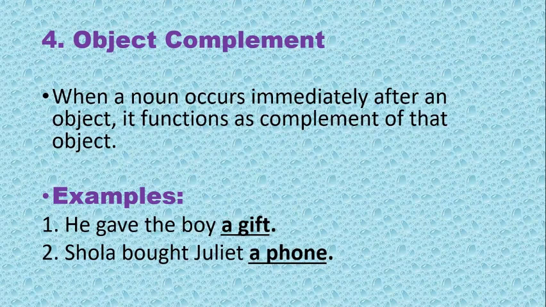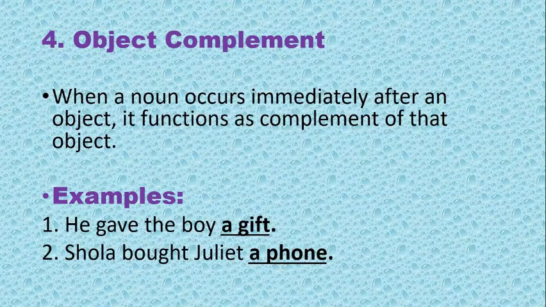Shola bought Juliet a phone. What Shola bought is a phone for Juliet. A phone here is the object complement. That is the direct object, while Juliet is the indirect object. So a phone is the object complement of Juliet.